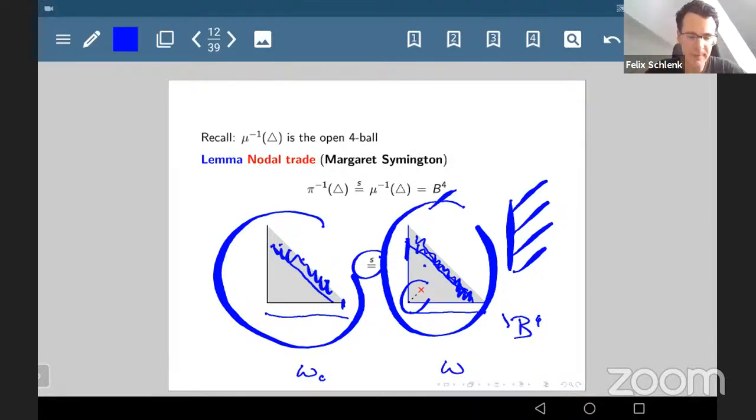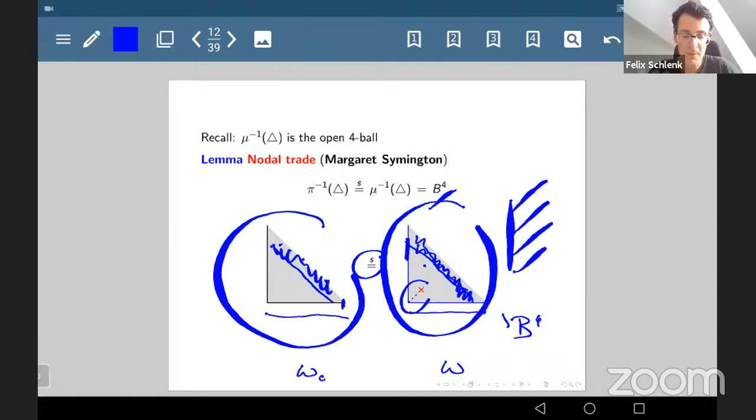Yeah, so Moser's theorem says that if you have an isotopy of symplectic forms, let's say on a closed manifold or on an open manifold, that agree near the boundary and all define the same cohomology class, then you can find an isotopy of the space that induces this deformation by pullback on the forms.